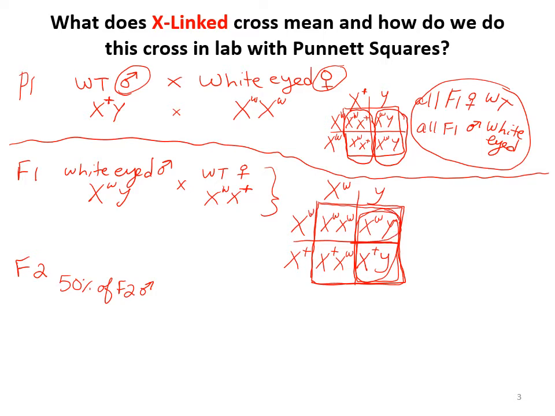Half of them are white-eyed, which is here. Half of the males are wild type. We're ignoring the other half of the Punnett square because we're only looking at the males right now. So 50% of the F2 males are white-eyed, and 50% of the F2 males are wild type, meaning they have red eyes, okay?